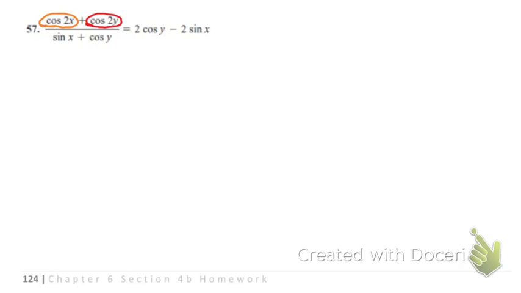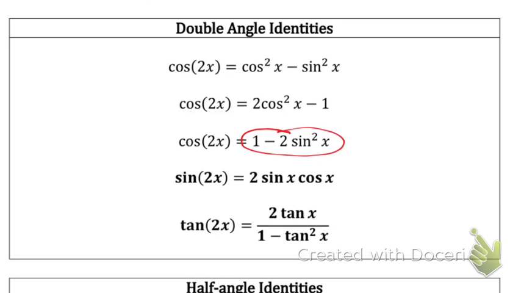Then I'm going to look at my cosine 2y. On the right-hand side, I need to end up with that being 2 times cosine y. So I look at my double angle identities and I say which one has 2 cosine y in it, and that would be the second one.